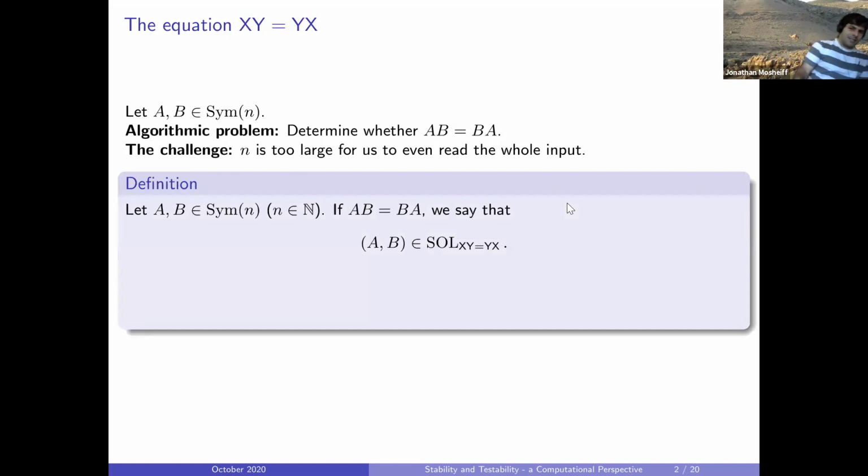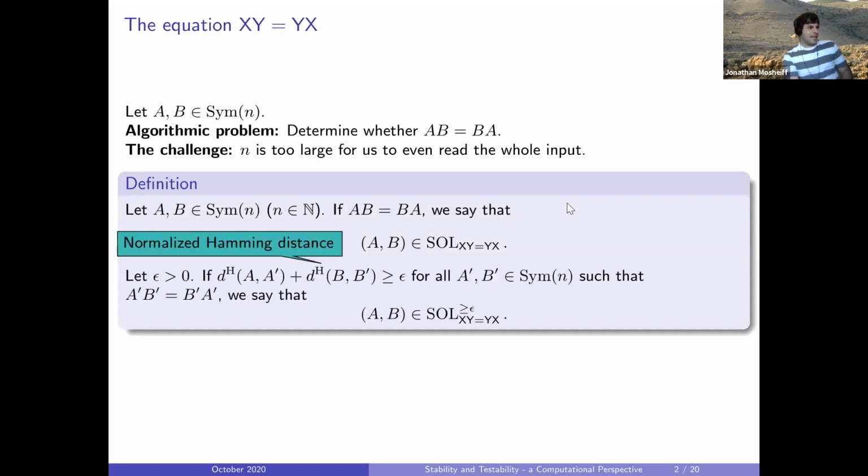So in order to relax the problem, we're going to make the following definition. First, we're going to denote by sol just the set of all pairs of permutations that commute. So these are the pairs for which we want our algorithm to accept. And then, given any epsilon, we're also going to define the set sol larger than epsilon.